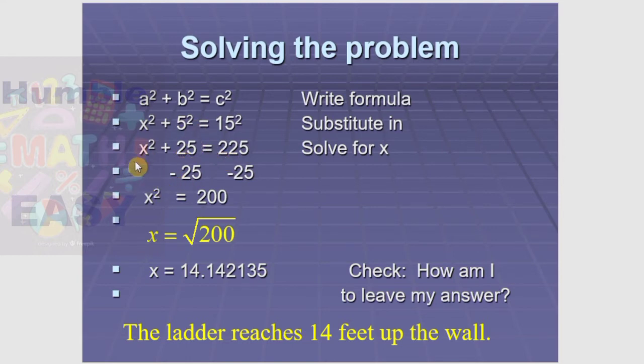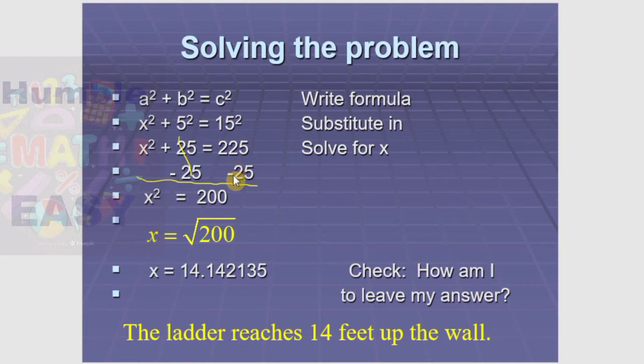For us to be able to get the value of x squared, since we have 25 on the left side of the equation, all we have to do is remove the 25 by adding both sides of the equation by negative 25. So 25 added to negative 25 is 0. So what is remaining on the left side is x squared.